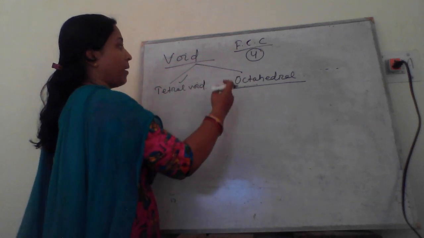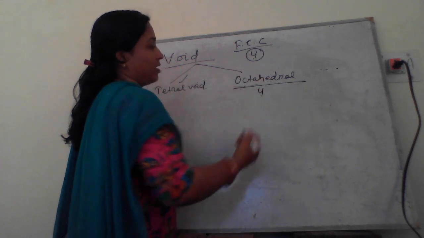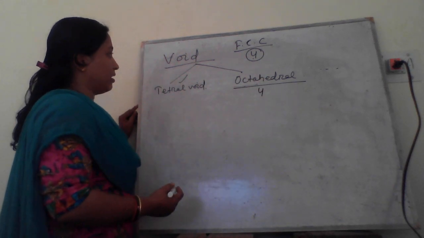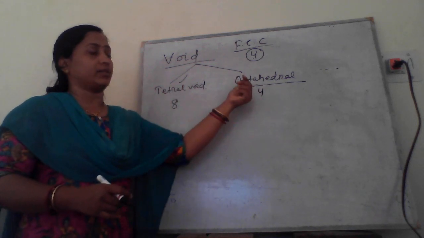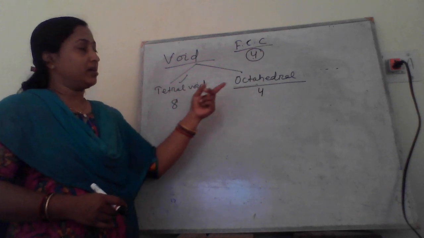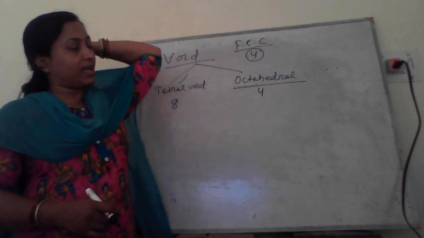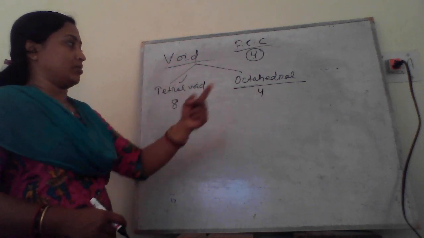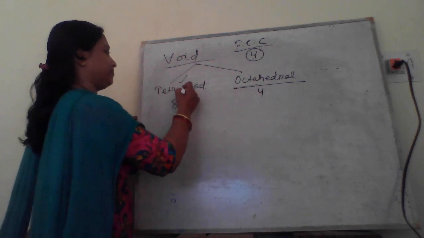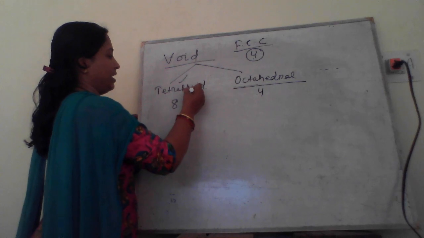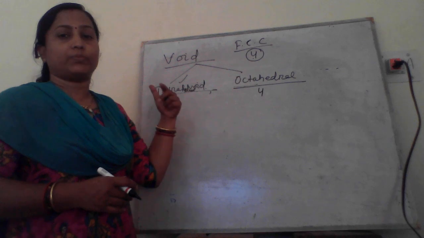So the total number of octahedral voids formed is equal to 4, and the total number of tetrahedral voids is 8, double the octahedral voids. So octahedral void is 4, tetrahedral void is 8.